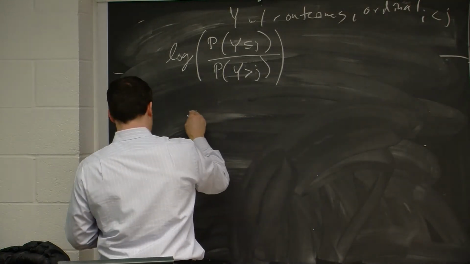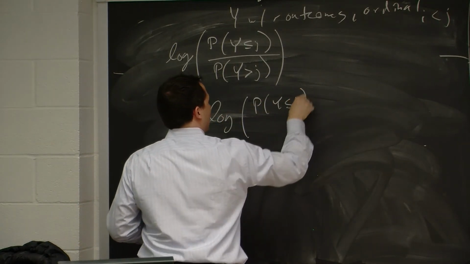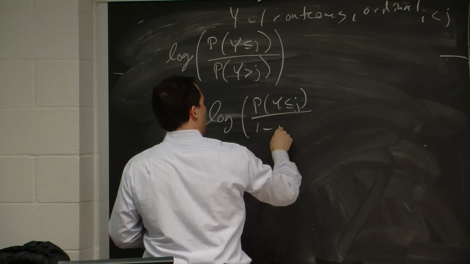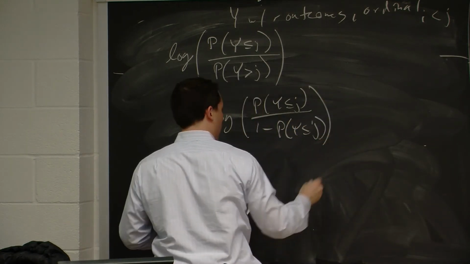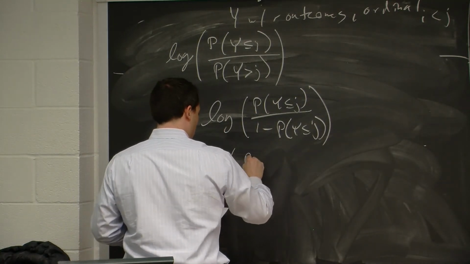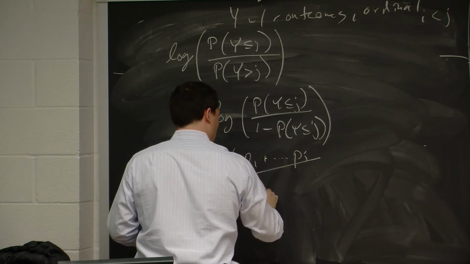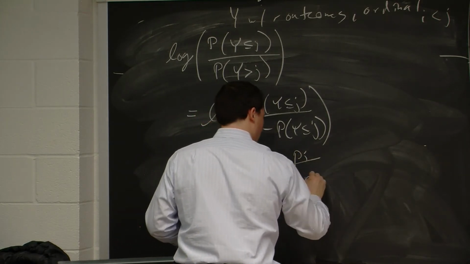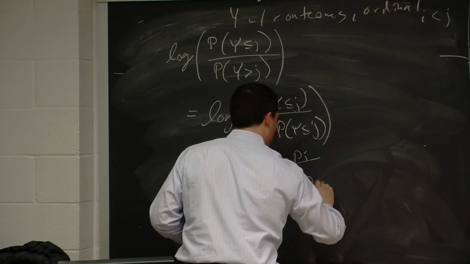Another way of saying that is the log of P(y ≤ j) divided by 1 minus P(y ≤ j). That's why it's a logit. Or it's the log of p1 up to pj over pj plus 1 up to pr, where r is however many categories there are.